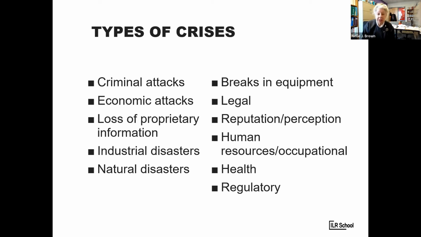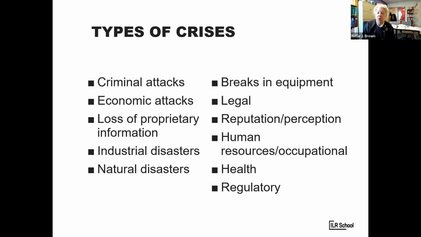Maybe an industrial disaster means that a tank truck overturned on the road, its chemicals went down the sewer system, ignited, and now your entire block is on fire.